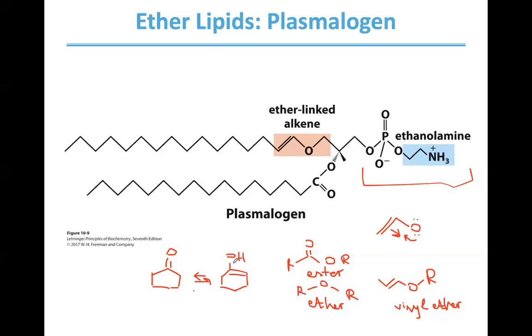And why? Because the enols have the same problem. You have the lone pair on the oxygen next to the pi bond, right? So the equilibrium is shifted to the left. So the same with the ether-linked lipids. Every time I see that, I'm surprised that actually this lipid is stable.